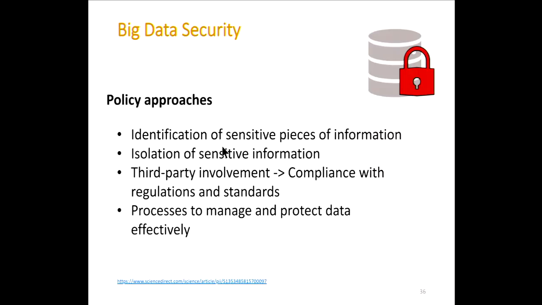So in terms of policy approaches, when it comes to security as well, the first thing that comes in handy is that you identify what are the things that you are trying to protect, because sometimes there is some information that's not very sensitive.